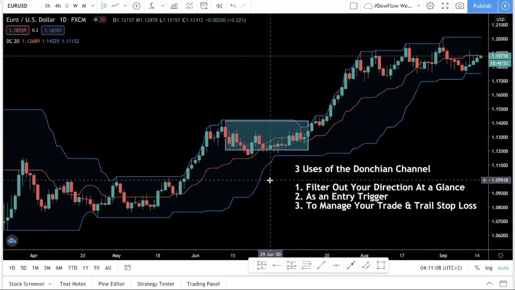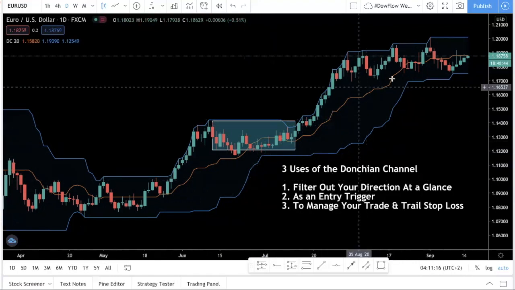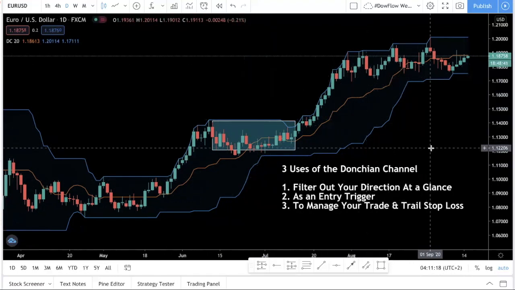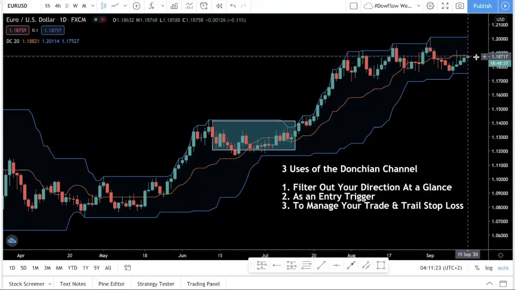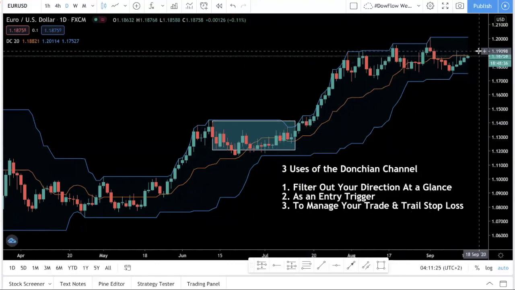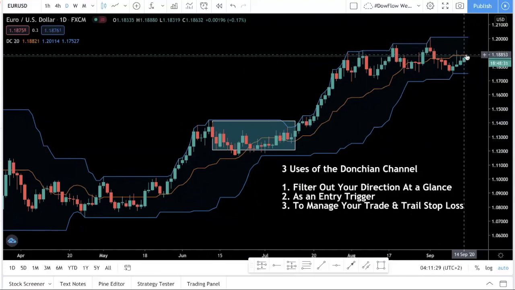Okay, so the first use of the Donchian channel is to filter out your direction. This is very useful if you can't tell the market structure and you don't really know what to do. As a rule of thumb, think of it like a moving average. If price is above the orange line, then you want to be buying.